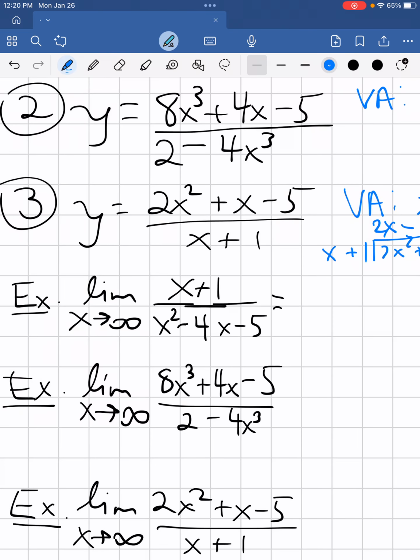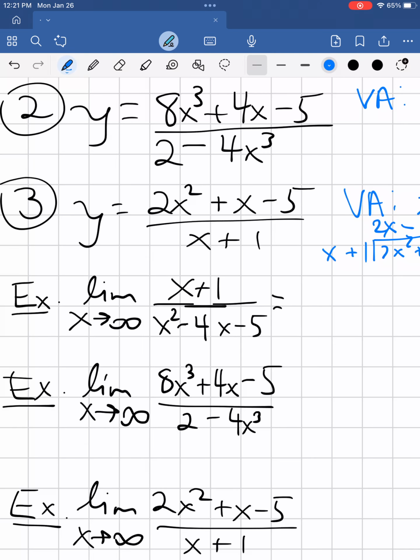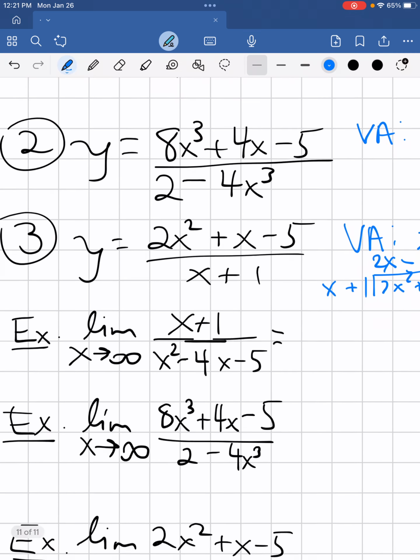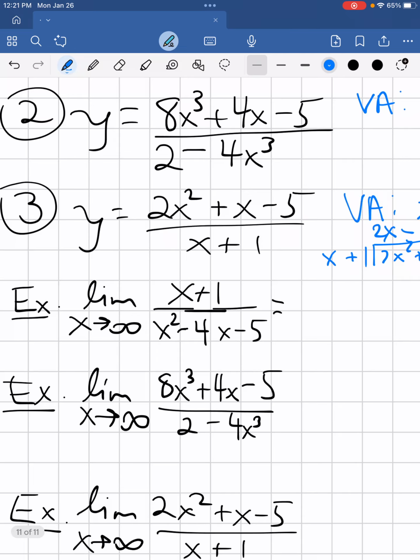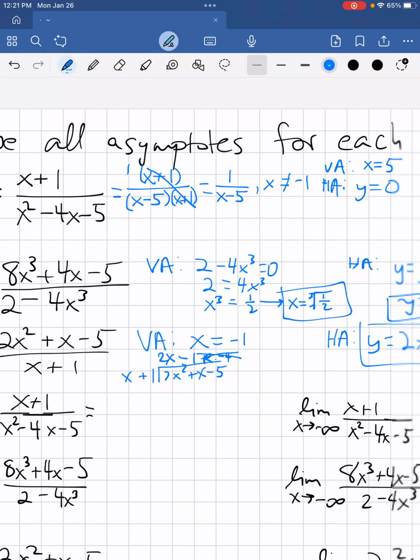So first up, let's look at the limit as x approaches infinity of x plus 1 over x squared minus 4x minus 5. So that was the first function that we looked at. As x approaches infinity, y is approaching the horizontal asymptote. So if my horizontal asymptote was at y equals 0, then the limit as x approaches infinity is 0.